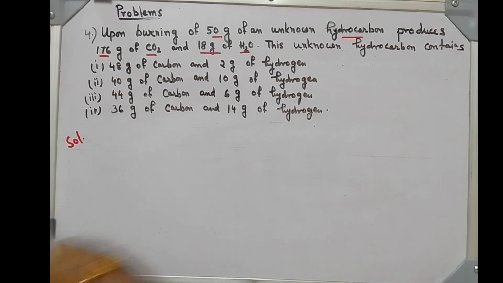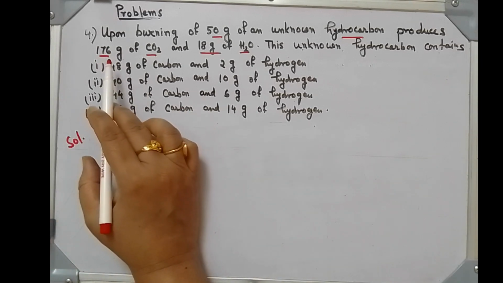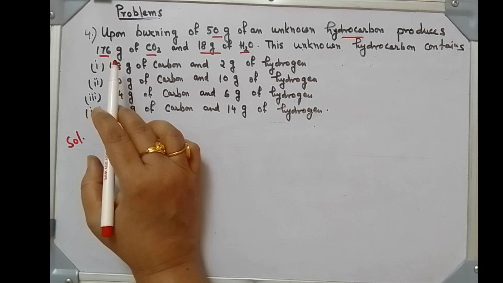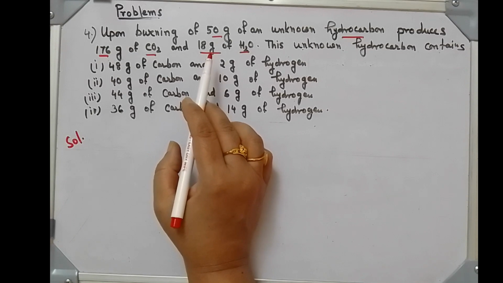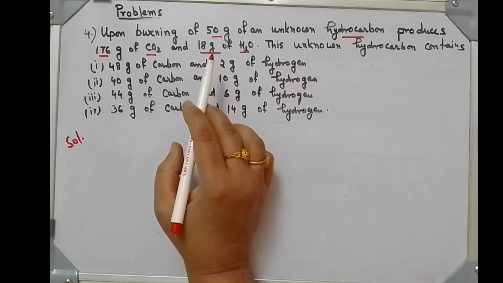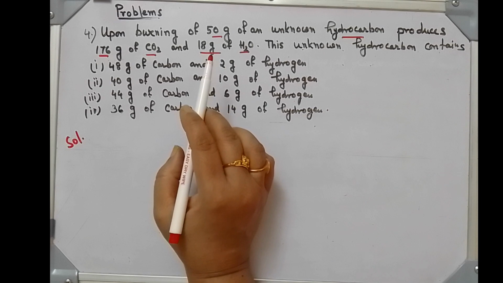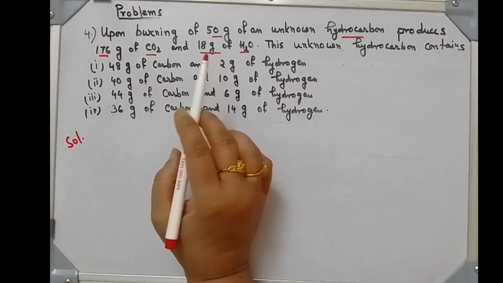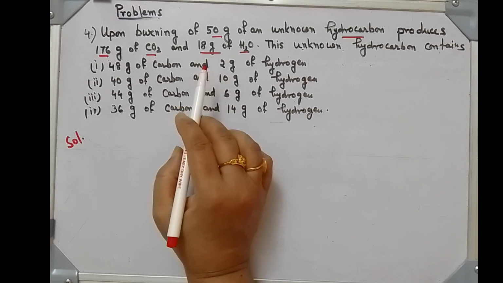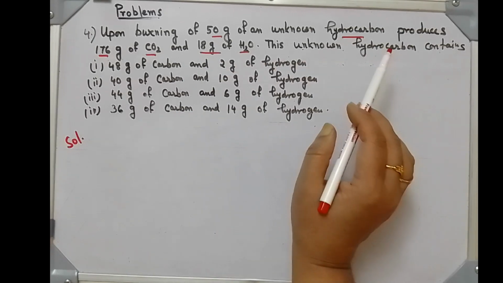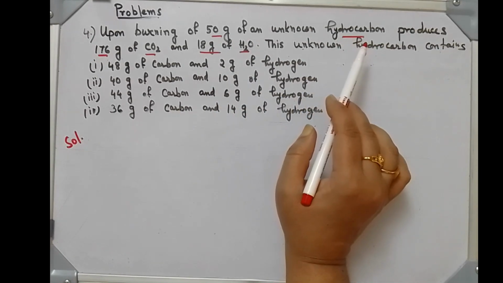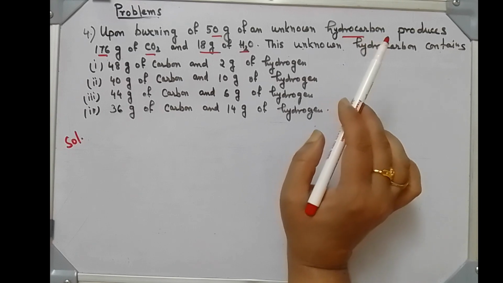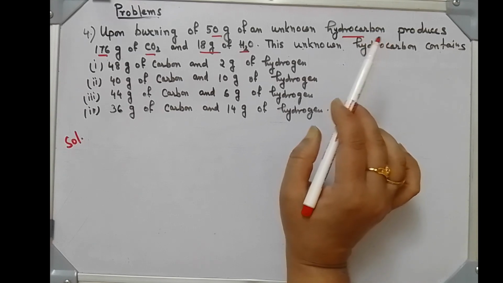So first we have to determine in 176 gram of carbon dioxide how much carbon is present. Similarly, in 18 gram of water how much hydrogen is present. That much gram of carbon and hydrogen was also present in the 50 gram unknown hydrocarbon, according to the law of conservation of mass.